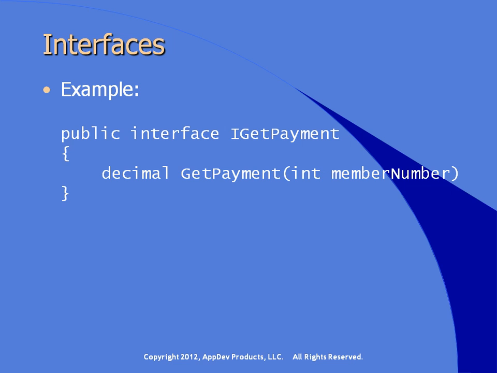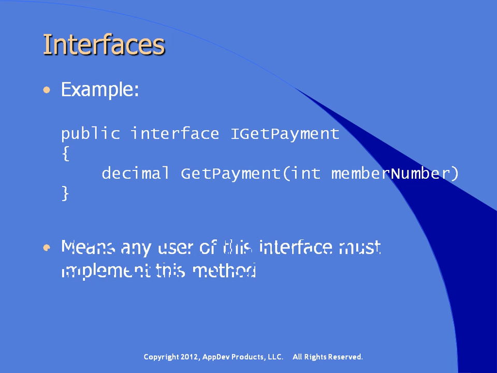So GetPayment is going to have to take an integer argument to make itself work, and it must return a decimal value. So evidently we're going to return some kind of money value from this particular interface. If you wish to use this interface, you are the one that's responsible for writing the payment method.